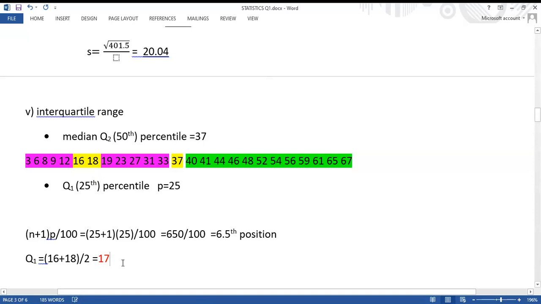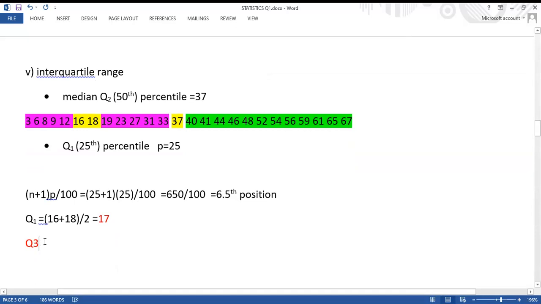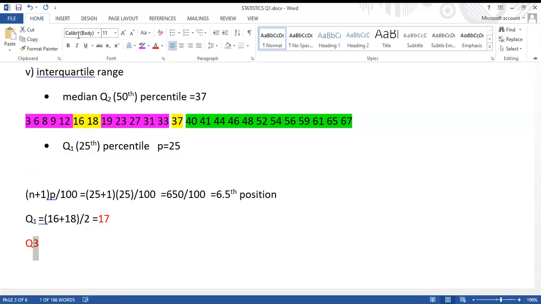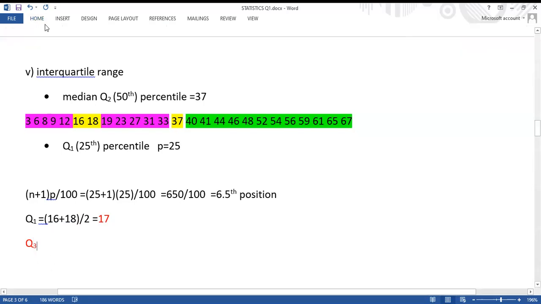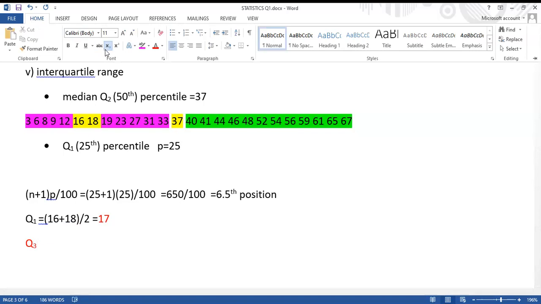Okay, so next is Q3, the 75th percentile.